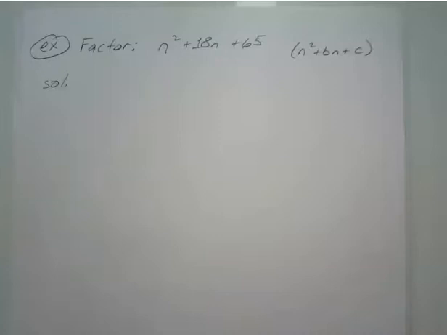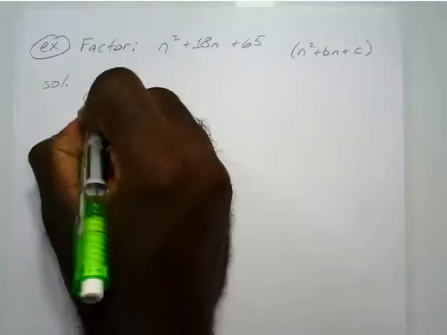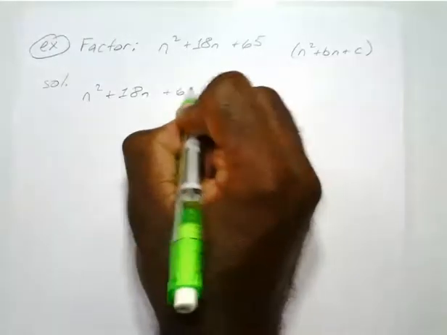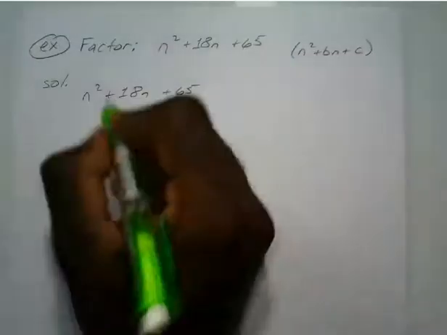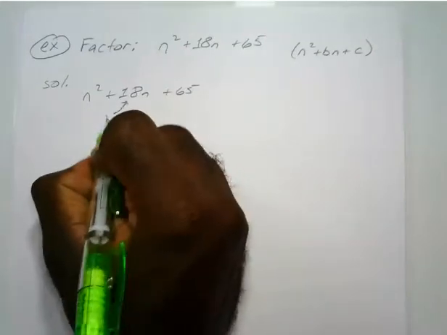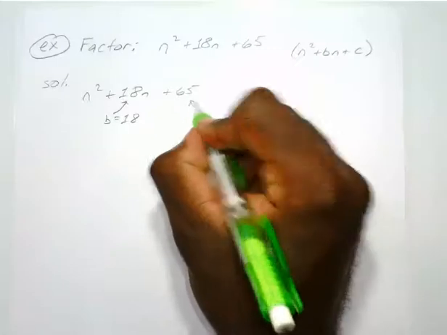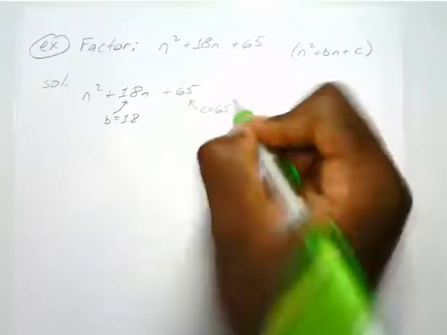Alright, so we're going to go ahead and solve this one. So if we have our n squared plus 18n plus 65, we see here that our b is equal to 18 and our c is equal to 65.